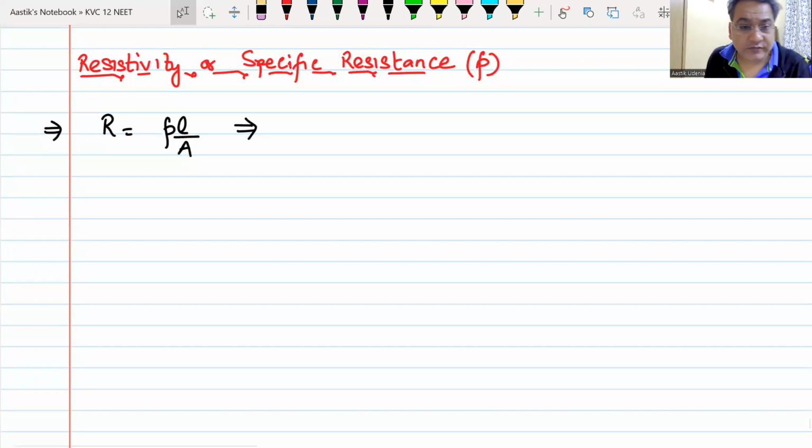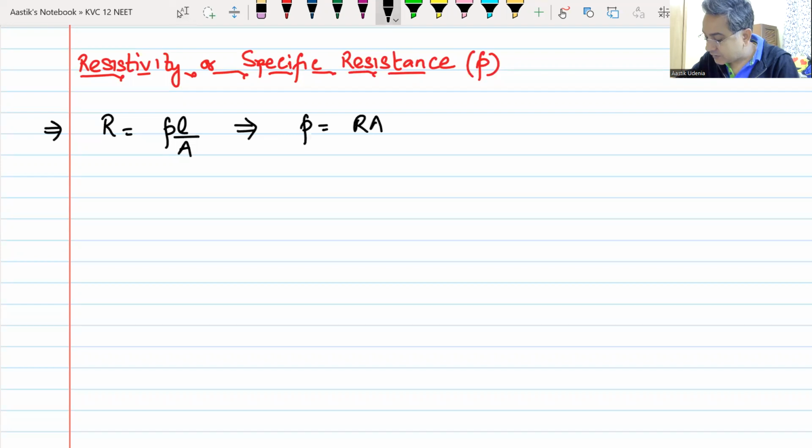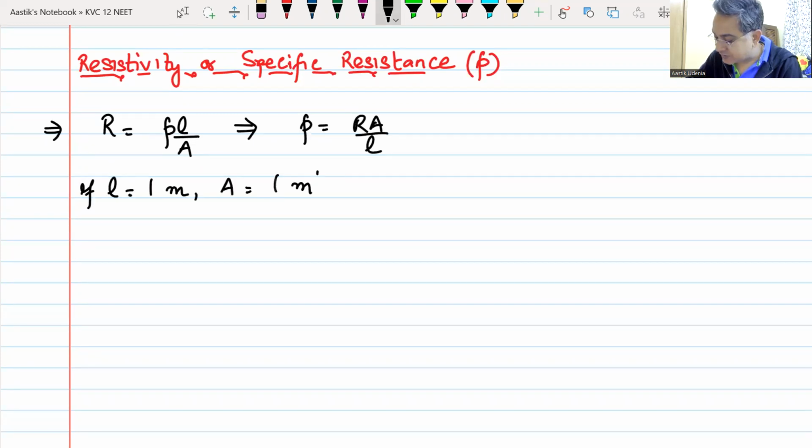I can write resistivity as R into A by L. If the length is 1 meter and the area is 1 meter square, resistivity will be numerically equal to the resistance of the wire.